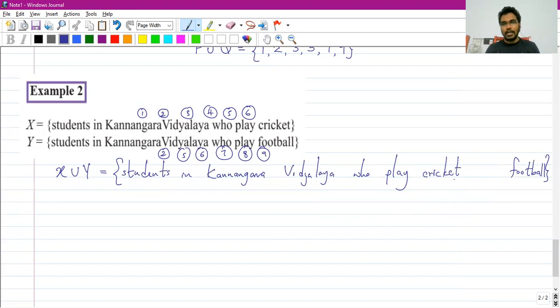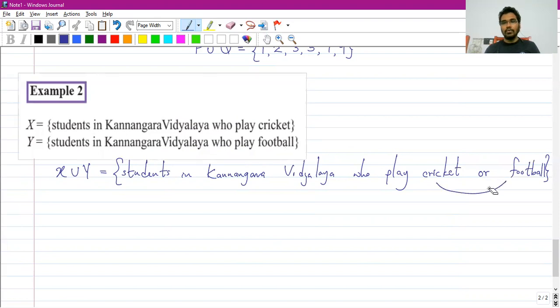So what is the word we can use? We can use O. So shall we see, is it correct or wrong? Students of Kannangara Vidyalaya who play cricket or football. So what do you mean by this? O means they can play cricket, or else they can play football, or else they can play both cricket and football.